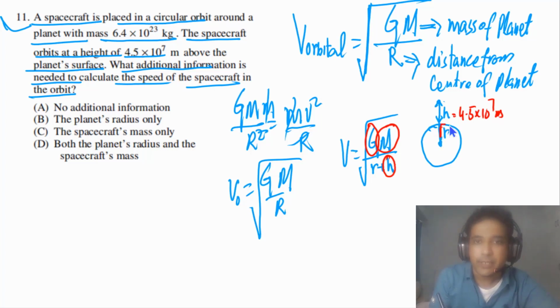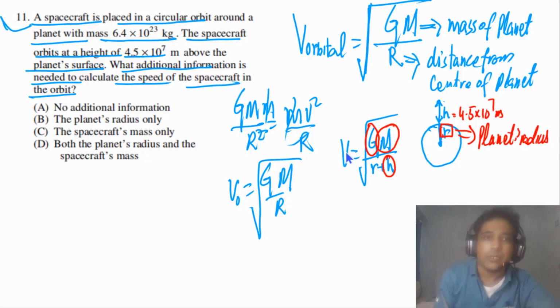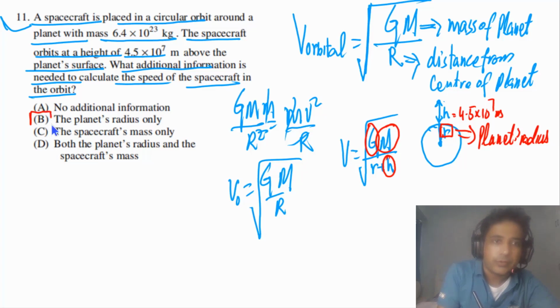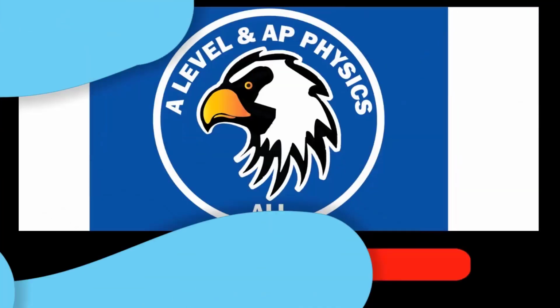So if we have the value of r, we can calculate orbital speed. So simply we need the planet's radius if we need to calculate orbital speed. So the answer for this question has to be B.